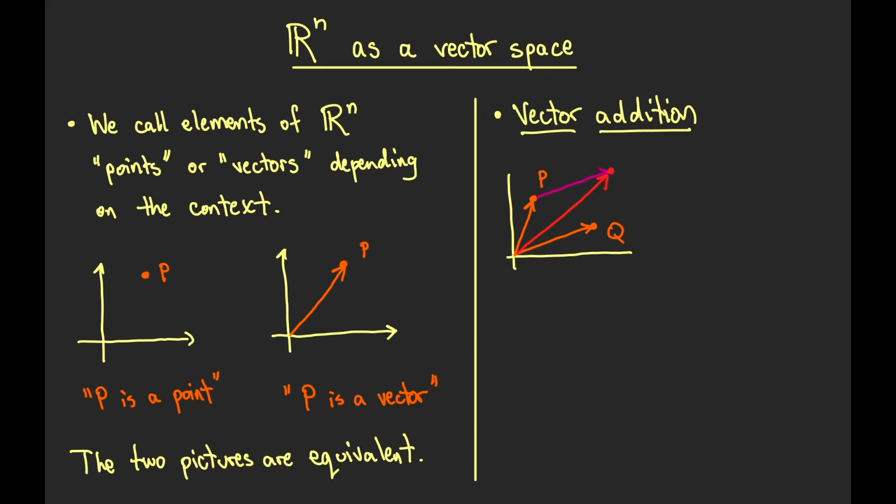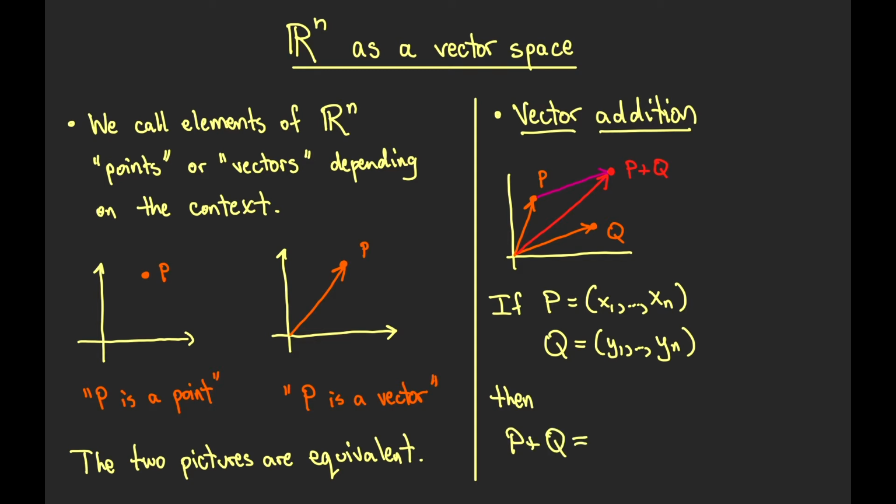And then we draw the red arrow starting from where P started and ending where the purple arrow is. And that red arrow represents P plus Q. So in terms of the actual definitions, if P is given by x1 through xn and Q is given by y1 through yn, then P plus Q is just the vector whose coordinates are x1 plus y1, through xn plus yn.